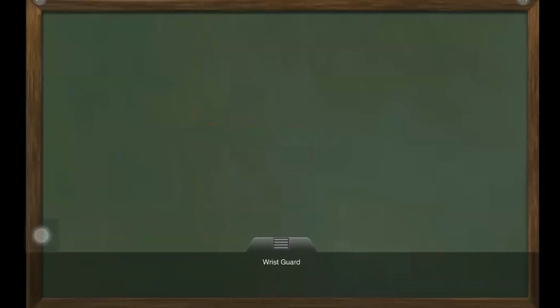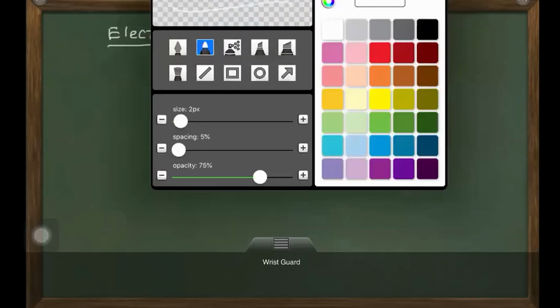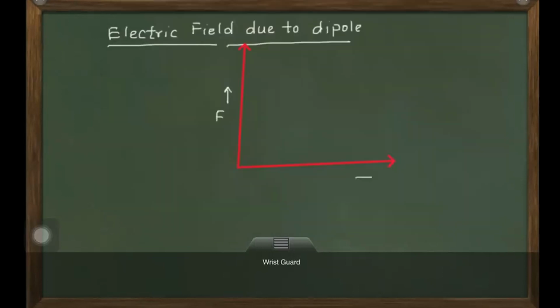Now the next one, electric field due to a dipole. In both the cases, the variation with R will be, here will be the field, here will be R. The rate of fall of field with the distance will be more, because you have written that in this case the electric field is proportional to 1 by R cube.